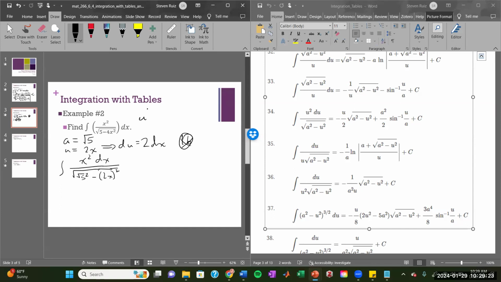Okay, so u squared. How would you take out the x squared and the dx? If u is 2x, then what is u squared? 4x squared? So the numerator is x squared dx, right? Actually, maybe I should leave the dx off to the side still.